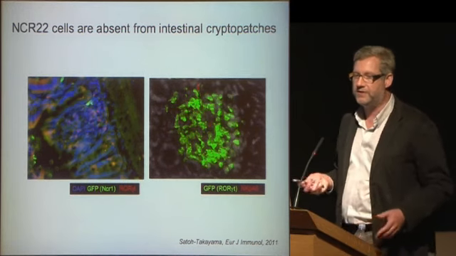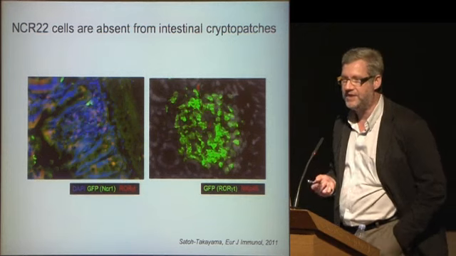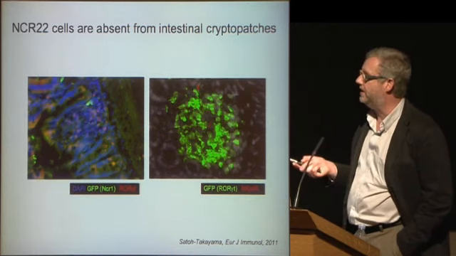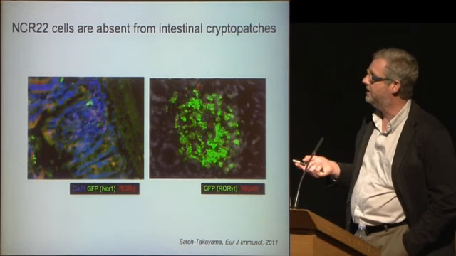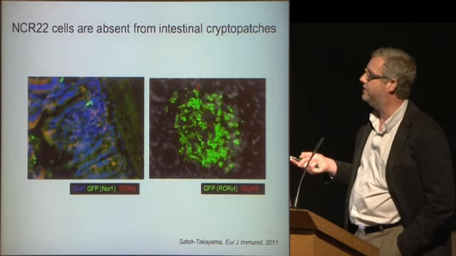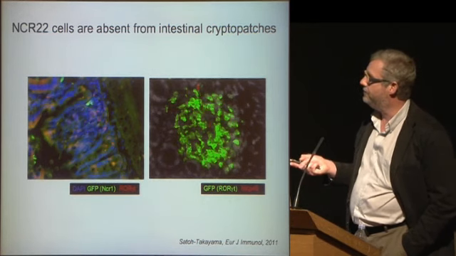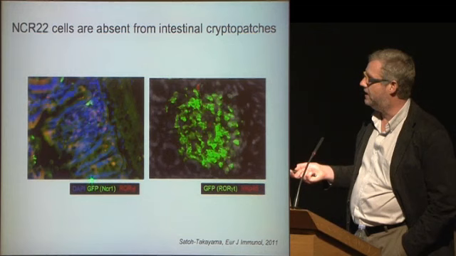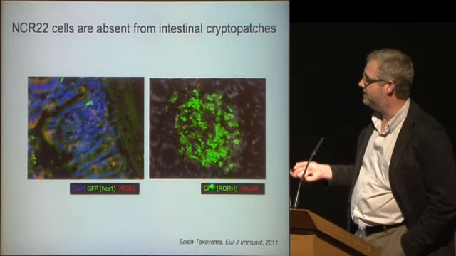At least initially, it was thought that these cells sit in cryptopatches. Some of that was probably artifact due to the antibodies used in those particular experiments. They used polyclonal antibodies, which actually had very poor specificity. We revisited this notion using mice where we had knock-in alleles for either NCR1, so GFP expressed in the NCR1 locus, or RORgamma t, with GFP expressed in the RORgamma t locus.